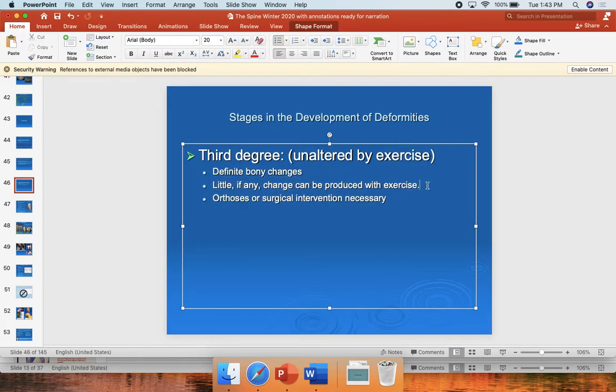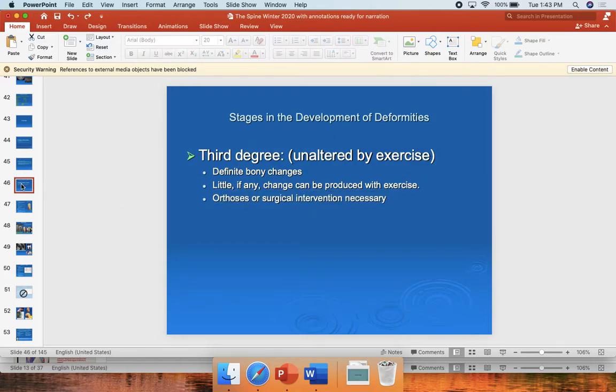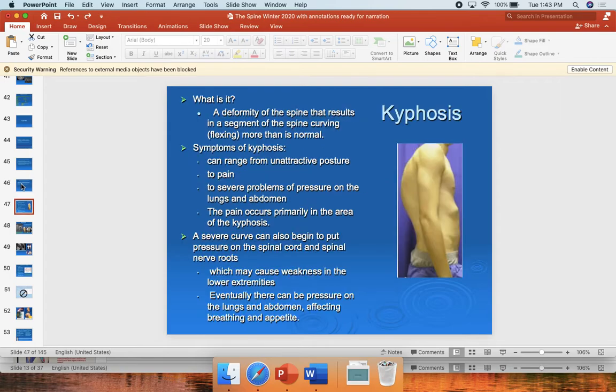It may make them feel better, but it doesn't always directly translate into helping fix the problem. So that's what a third degree is. Oftentimes we'll talk about surgical intervention for a third degree, especially in the spine. If it's bad enough and it's causing enough problems in the body, in a third degree case, it would require surgery. So let's get into kyphosis.